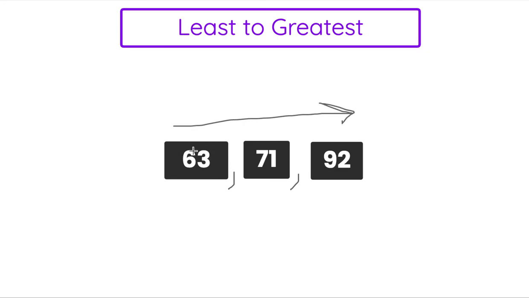So remember, when we go from least to greatest, that means we're starting with the less, the littlest, the smallest number, and we're going all the way to the number that is greatest, which is the biggest number.